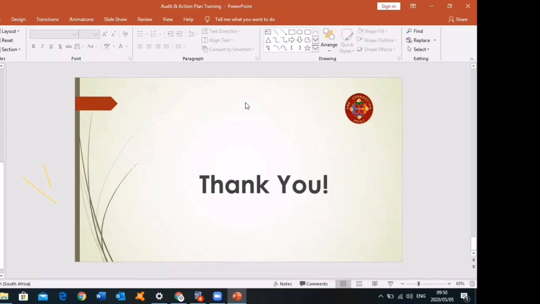It's quite detailed. The second thing that I wanted to say is the audit feedback is very, very critical. Number one, what is said in that feedback somehow could be a reflection of the efforts that you have put into the system and how the system is working.